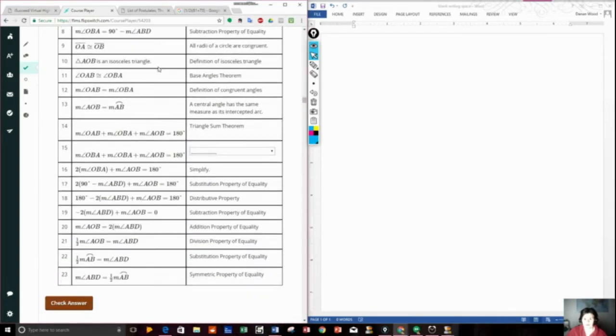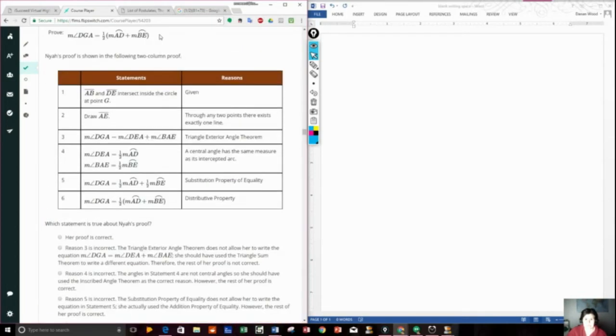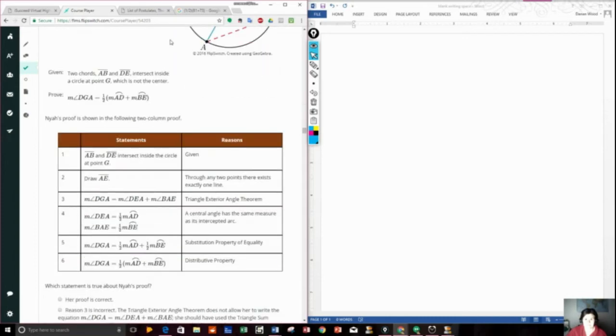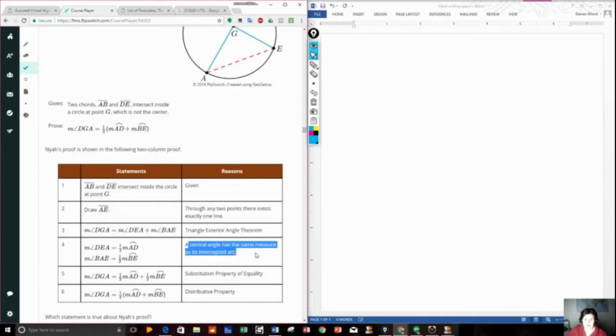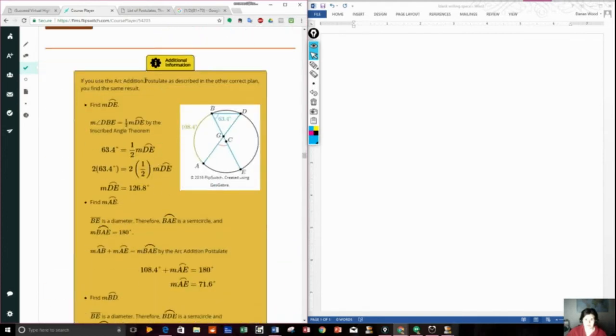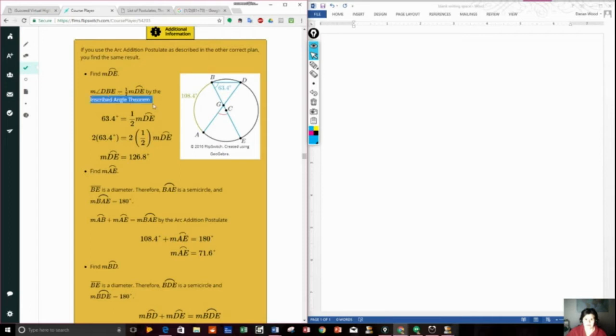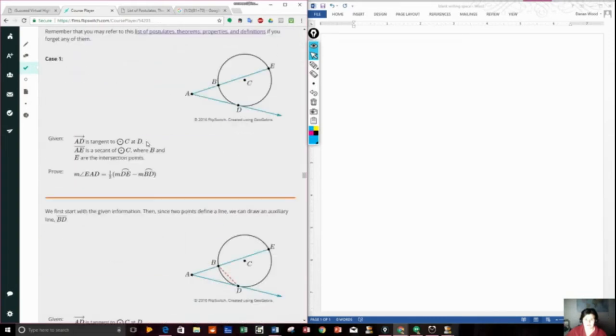Okay, so then let's go back here and let's remember that we had the triangle exterior angle theorem. We had a central angle is the same measure as its intercepted arc, substitution, and distributive property. And then they also gave us another proof that used inscribed angles, semicircles, and so let's check for that.